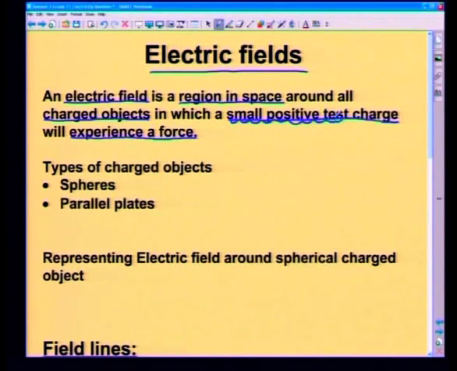Now, we do have different types of objects. Some objects are spherical, some are rectangular, some are even irregular, okay? So we're going to look at particular types of objects, and they are going to give us a clue as to how electric fields are set up around them when they are charged.